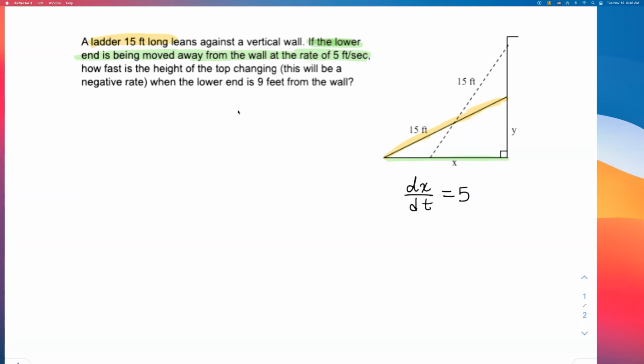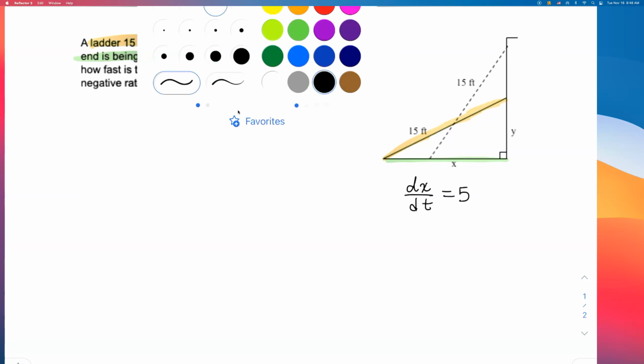How fast is the height of the top changing? This will be a negative rate when the lower end is 9 feet from the wall. So if you read this part carefully, the lower end is 9 feet from the wall. They're just telling you that x is equal to 9.